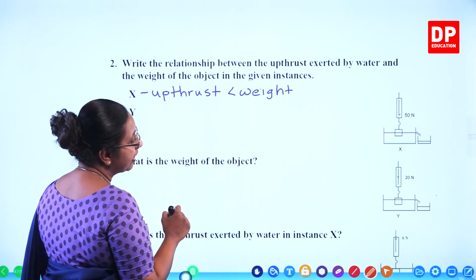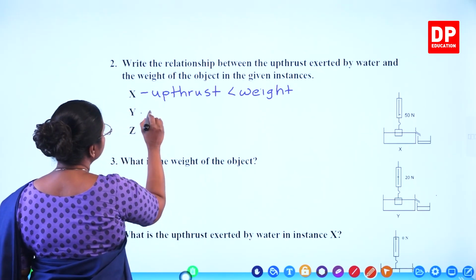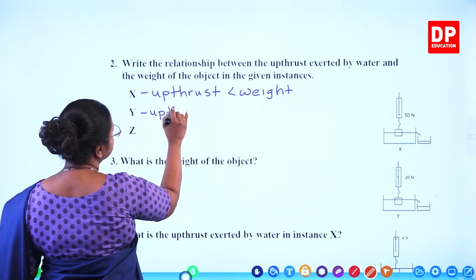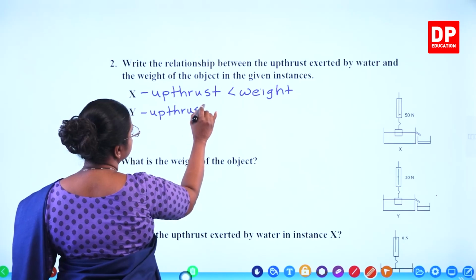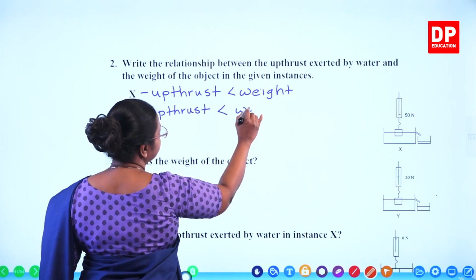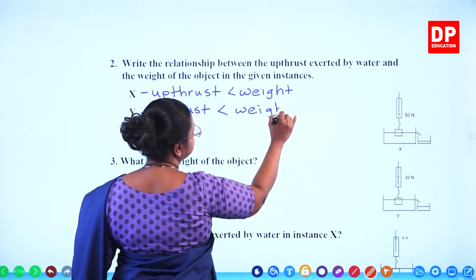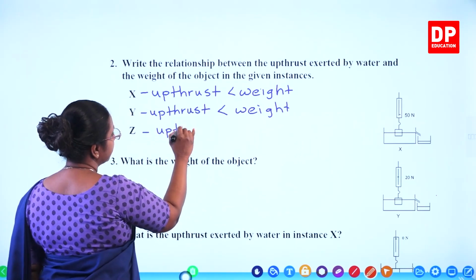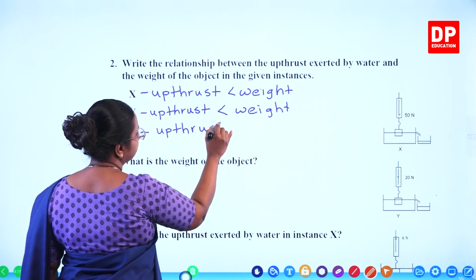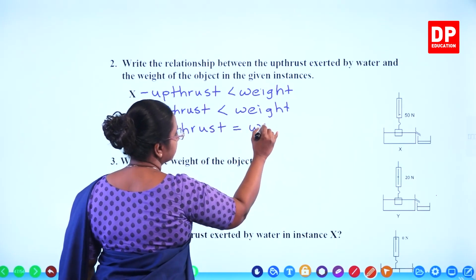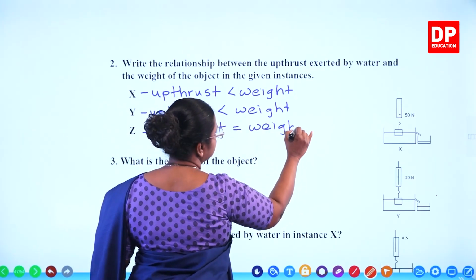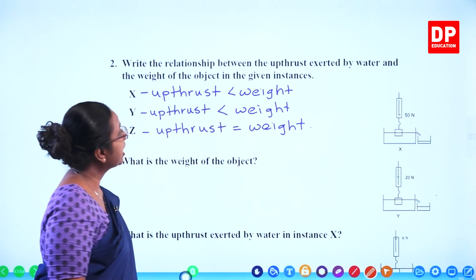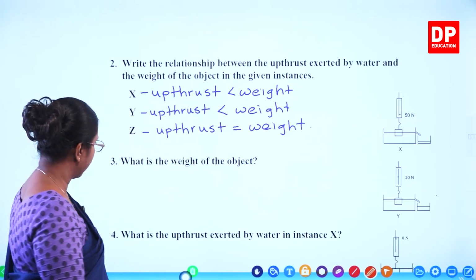Then in Y, what happens there? There also upthrust is less than weight. And finally, in Z, upthrust is equal to weight. So those are the relationships there.